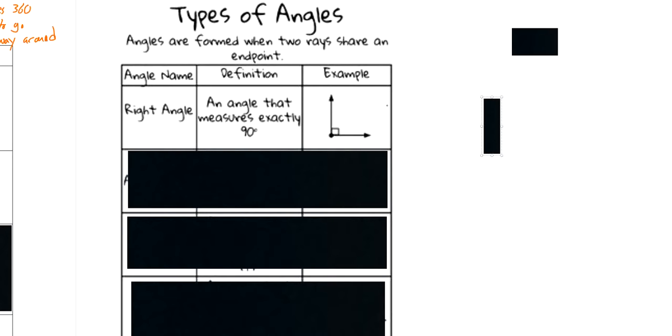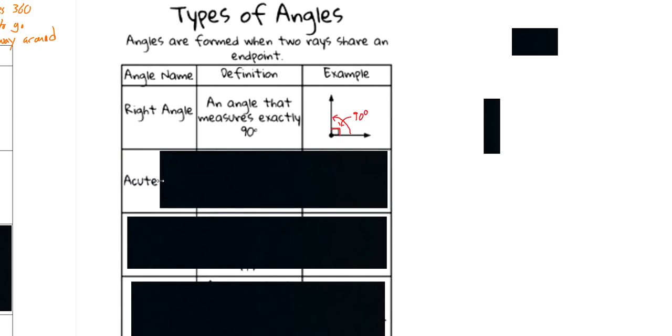Something you do have to remember is that when you see this box right here, that is a symbol to show you that it is a 90-degree angle, from here to here. So the measure of this angle is 90 degrees. All right, that's one type of special angle down.